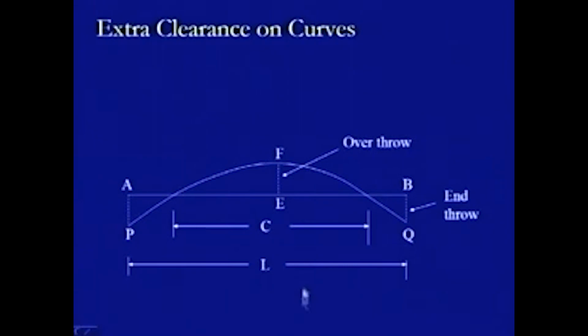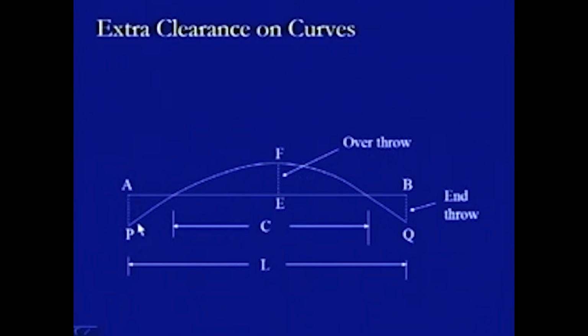Now, here we can see that two things have been defined. One is that when the vehicle goes on the inner side of the normal condition, there is a total amount by which it gets displaced, and this amount is known as overthrow.